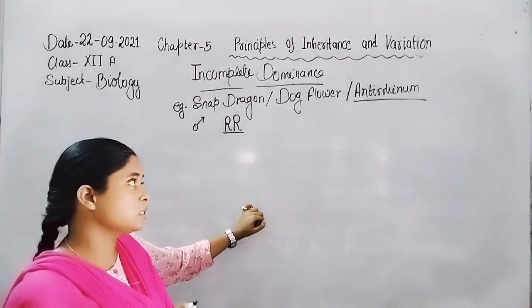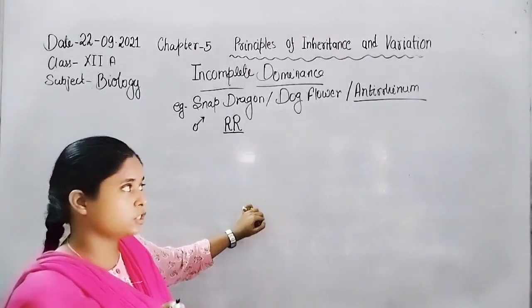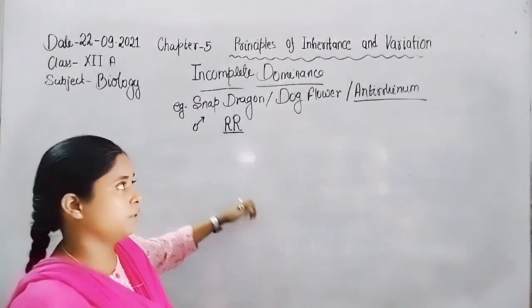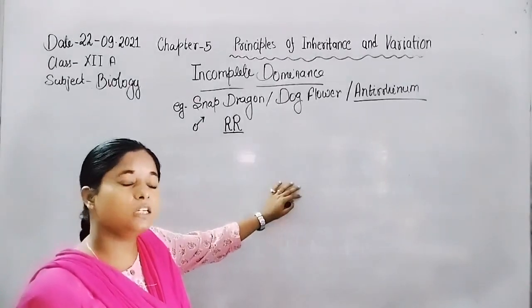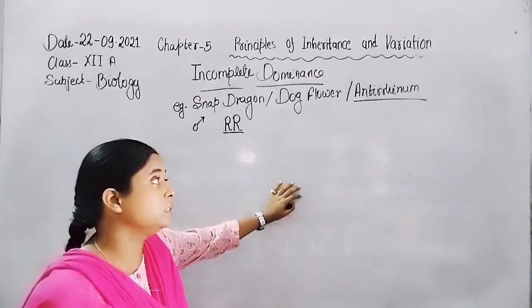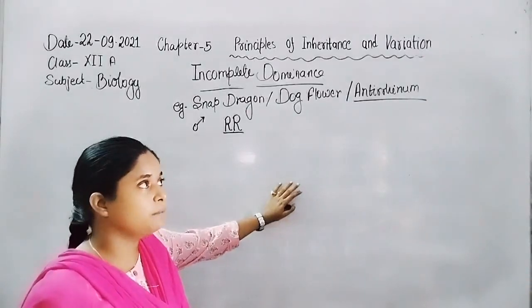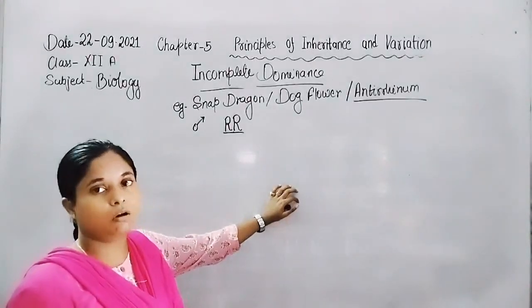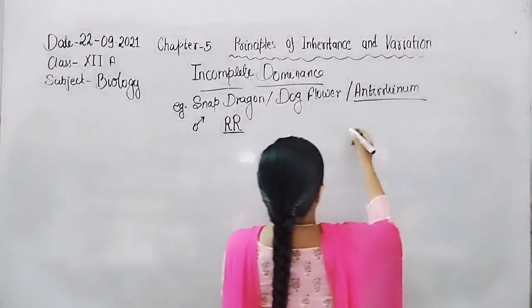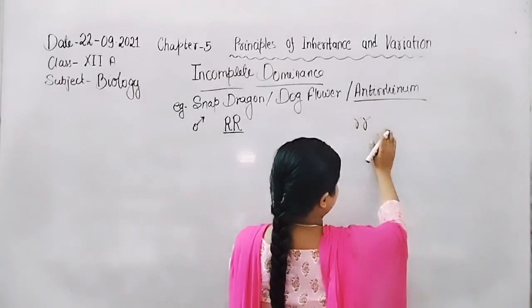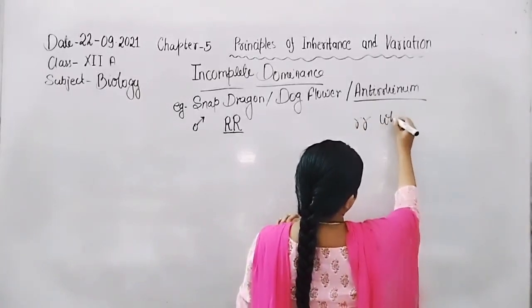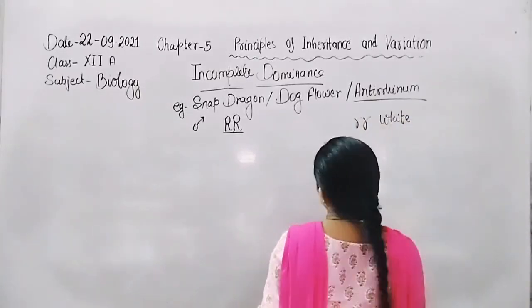For this purpose, the emasculation process is done in the flower, which converts the bisexual flower into a female flower, where the anther is removed in the female flower. That makes the flower unisexual, or female. Now here is the female flower which shows the recessive characteristic, white in color.